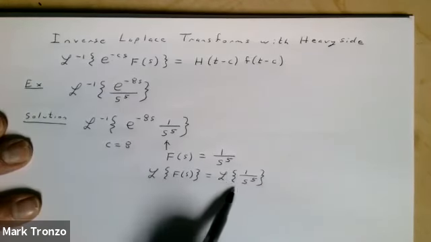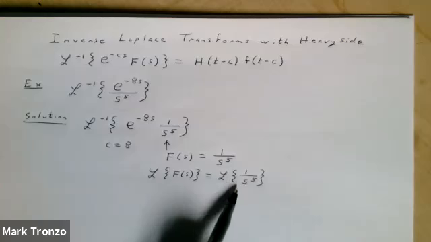Now over here, my table gives the inverse Laplace transform of this as being t to the fourth. The only problem is we need a 4 factorial up here.